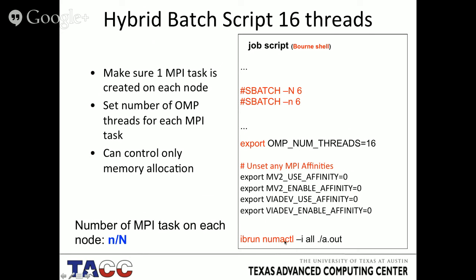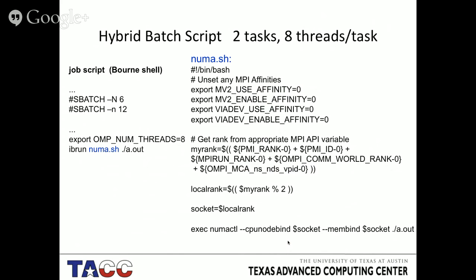And this guy is going to execute this and set up all this. So instead of your a.out here, which is going to have to do the same thing on each one, you just have a script, and inside that script, it's going to say, oh, if I'm task rank number this, I'm going to make my NUMA assignment. And so that's what's being done on this next page here.